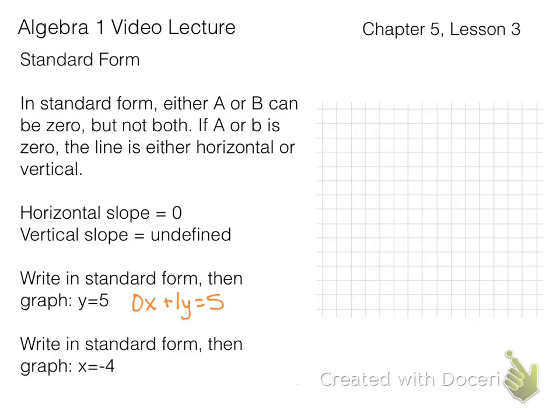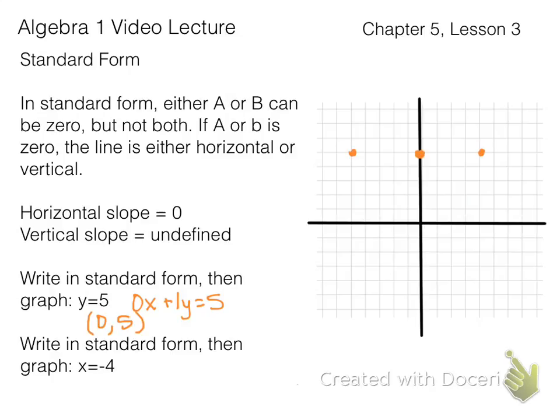That's why we're multiplying it by 0. So if I were to graph this, x could be 0, x could be negative 5, x could be positive 5. And it doesn't matter what x is, because we're going to multiply it by 0.